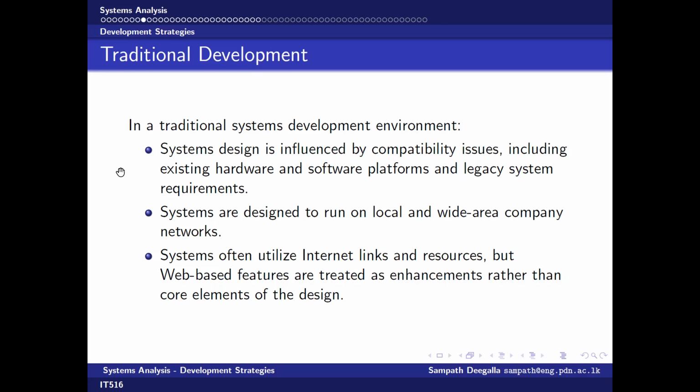And systems are designed to run on local or wide area company networks, not on the internet. Most of the time it's restricted to the company-wide network. It uses the internet as a resource, but web-based features are just some of the elements, not the core elements of the design.